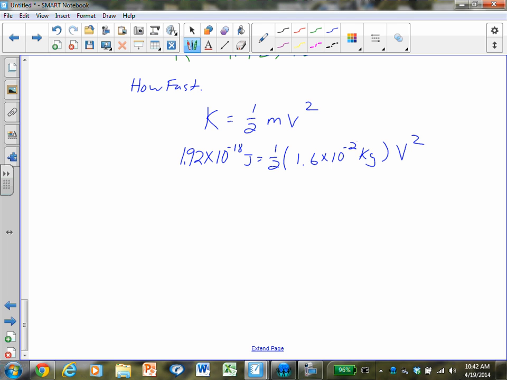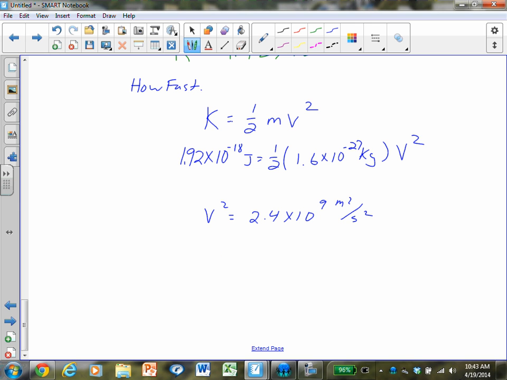So v squared will be 2 times 1.92 e to the minus 18 divided by 1.6 e to the minus 27, which is 2.4 times 10 to the 9 meters squared per second squared.